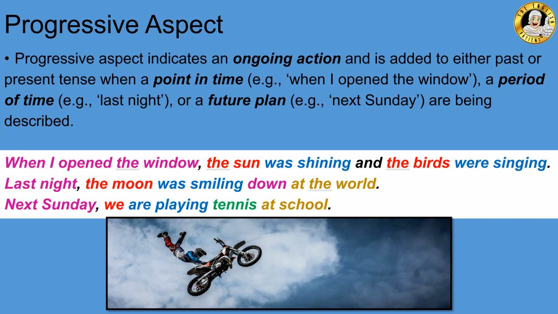Last night, the moon was smiling down at the world. Okay, so we've got a period of time, last night, so we're going to talk about the action that was occurring during that period of time. And then also progressive aspect is used in present tense to talk about future plans. Next Sunday, we are playing tennis at school.